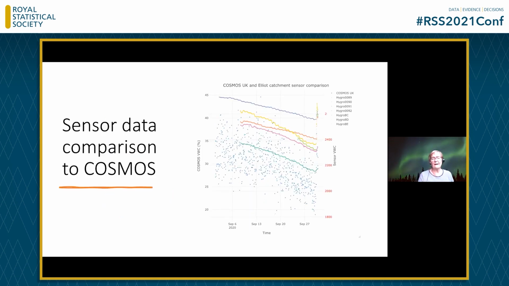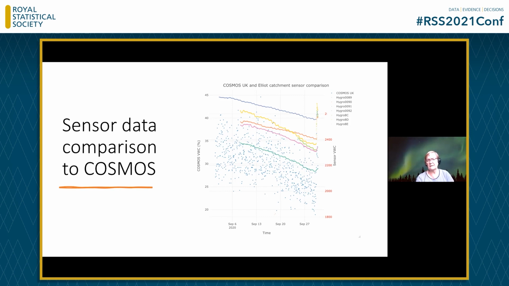In terms of the comparison between our own sensor data and Cosmos, you can see here again our own individual sensors, the Hygro, with the Cosmos UK identified in the large cloud of points. You can see there's a similarity in terms of trends and perhaps some features, but they're not exactly identical.